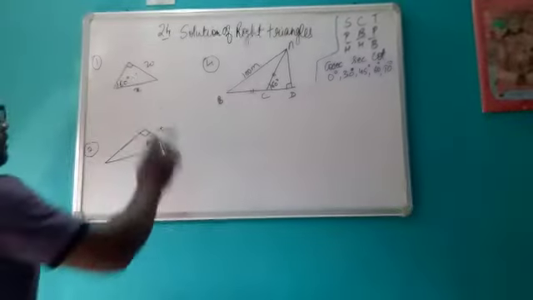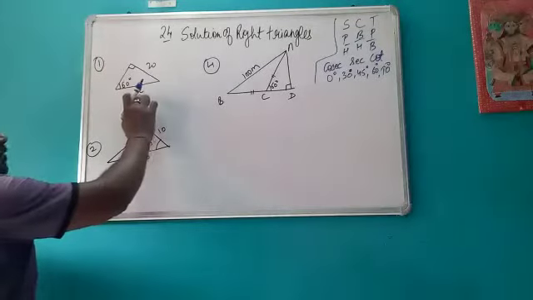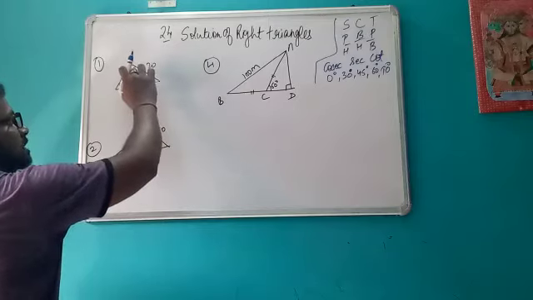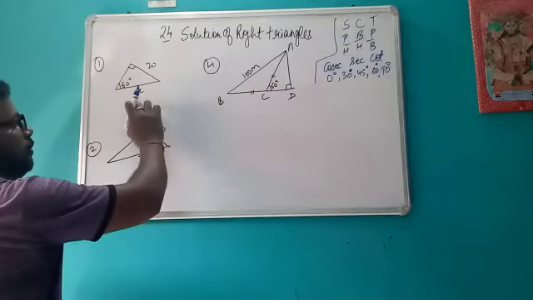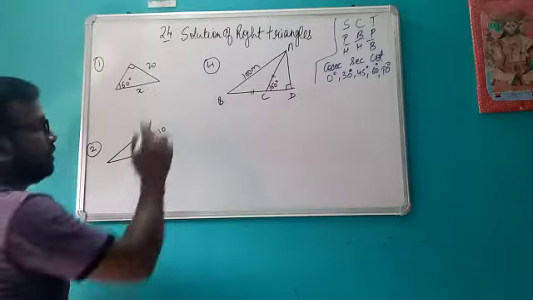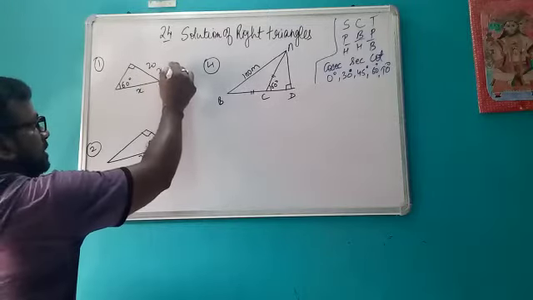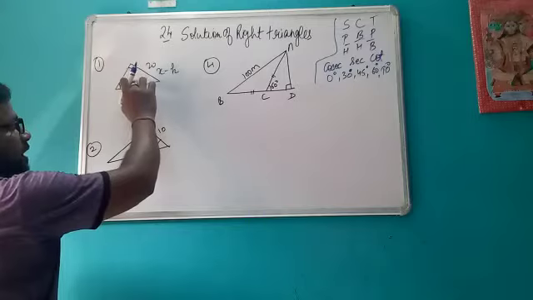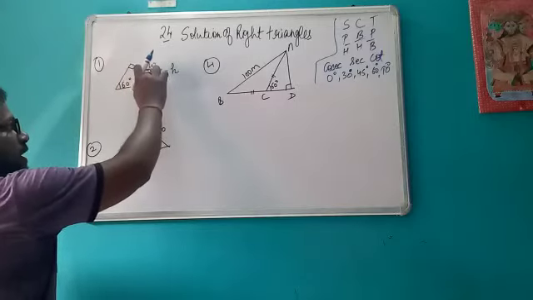Now suppose we have to find the value of x. It is given that this angle is 90 degrees. So what we knew is that the side opposite to 90 degrees is known as hypotenuse. That means x is our h. This is 60 degree, and for this 60 degree this is perpendicular.